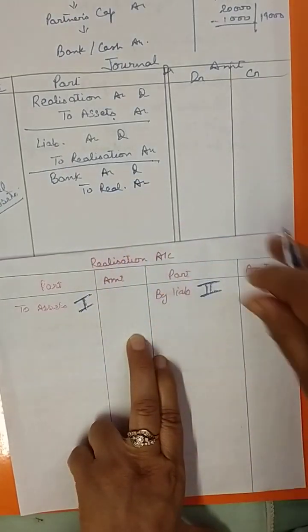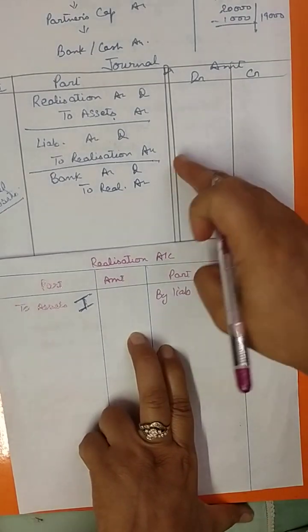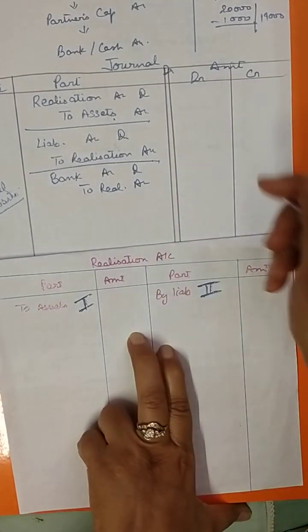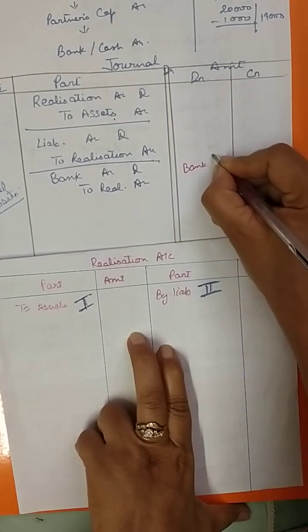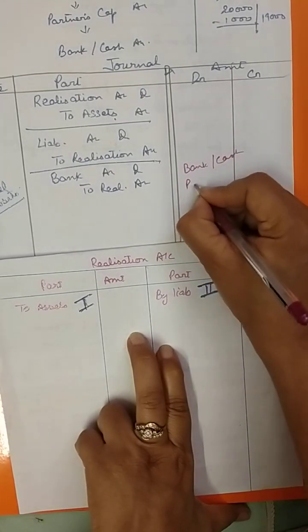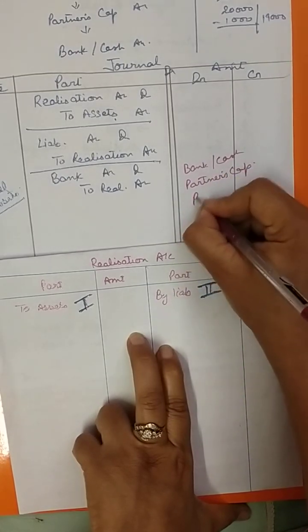One more very valuable tip: once you have transferred all assets and liabilities, remember any following entry can be done only through bank or cash, partners capital and realization.